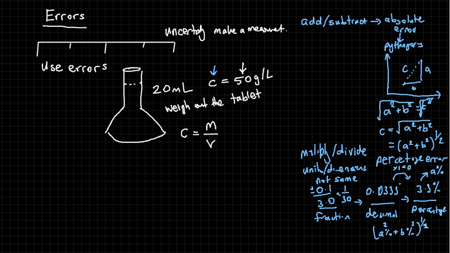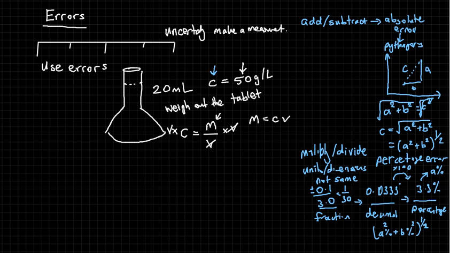So now that we've got all those skills, what we want to find out firstly is roughly how much to weigh out to give us this concentration. So we know the formula from the units.